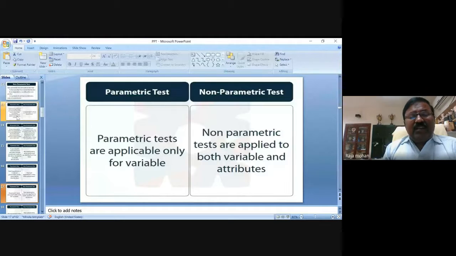Parametric tests are applicable only to variables, but here even to attributes. Even for attributes we know, like toughness and blindness. When you have values, when you have numbers, we can measure them, or any food which we have, even whether it contained a particular protein or nutrient.